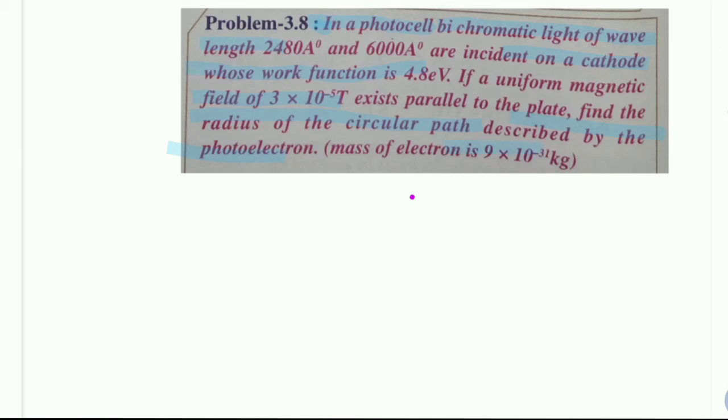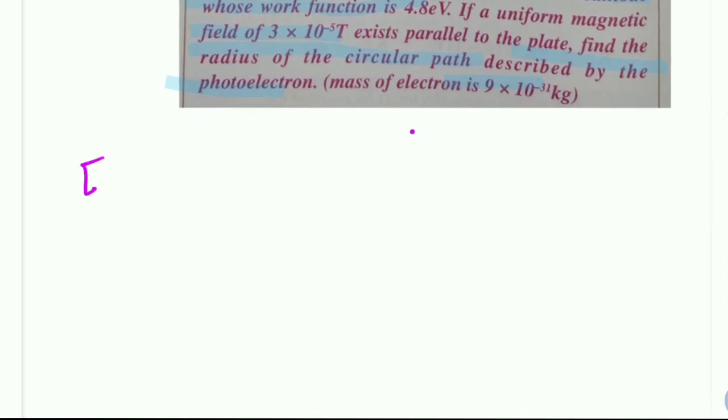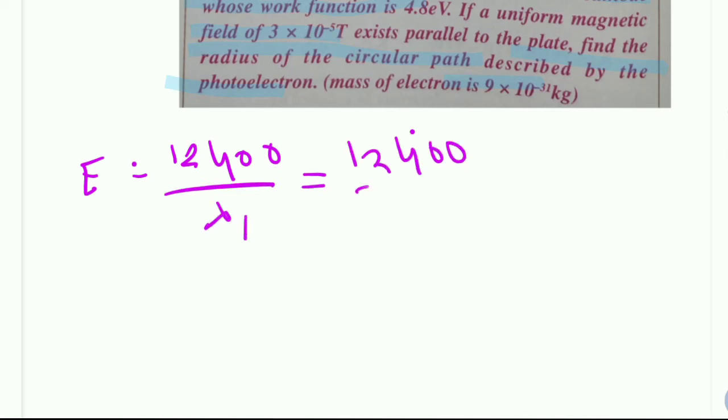So E1 is equal to 12,400 by lambda 1, 12,400 by 2,480, we get 5 electron volts.